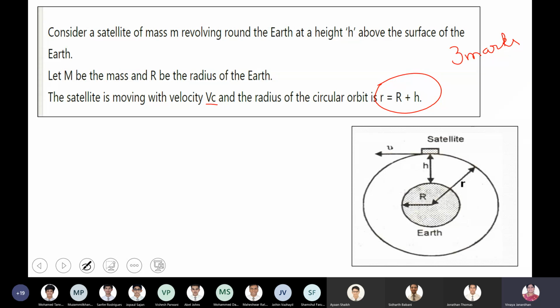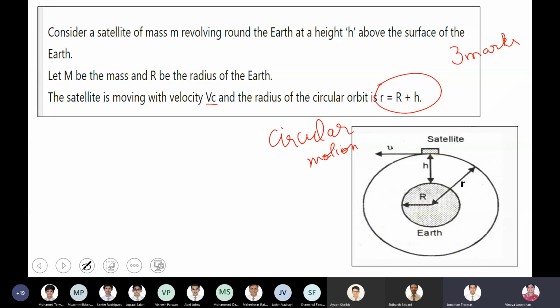It's not tough. So when you start with this, two things are important, boys. Whenever you start with a derivation, you should know where you are starting from. Now look at this. The satellite is moving in a circular orbit. It's undergoing a circular motion. Now, what is the condition for any body to undergo circular motion? What force should be there?